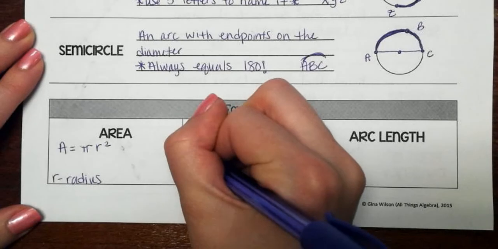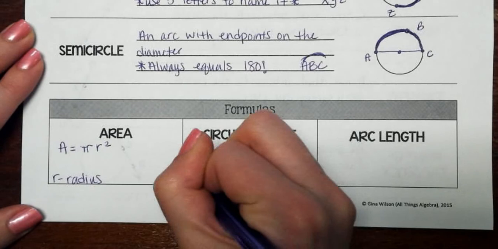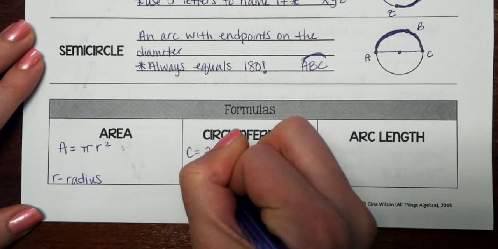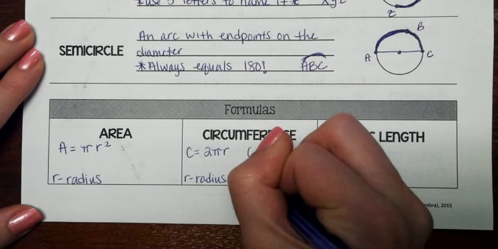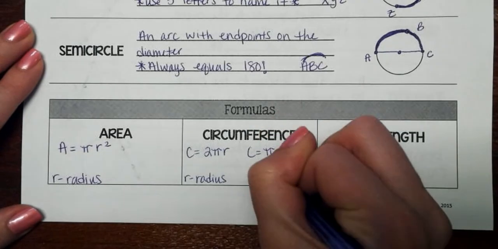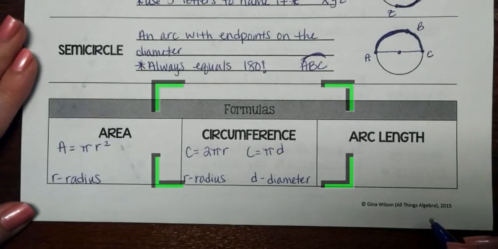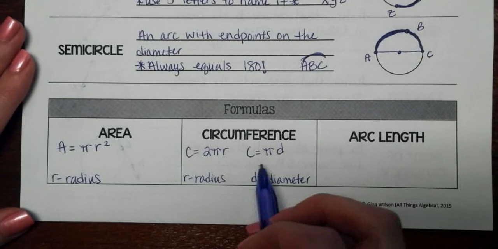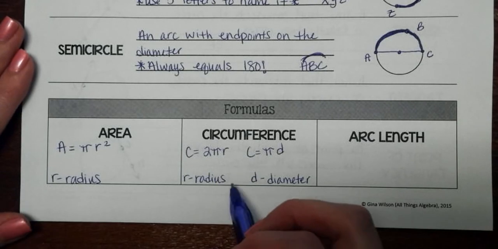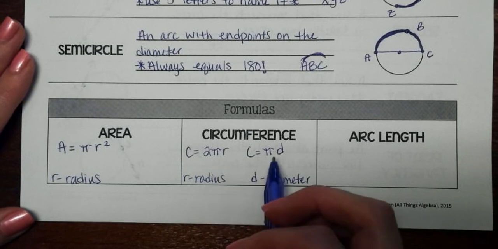Circumference equals 2 pi r, where r is your radius. Or you can use pi times diameter, where d is your diameter. Depending on your question, you will find which one is easier to use. If your question gives you things in terms of radius, use 2 pi r. If it gives you the values in terms of diameter, use pi times diameter.